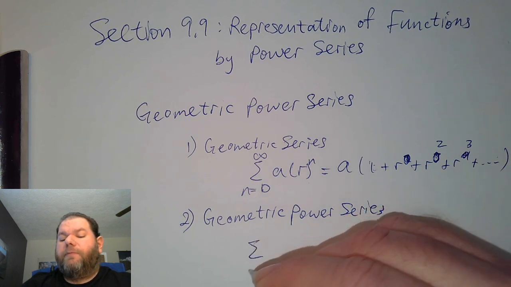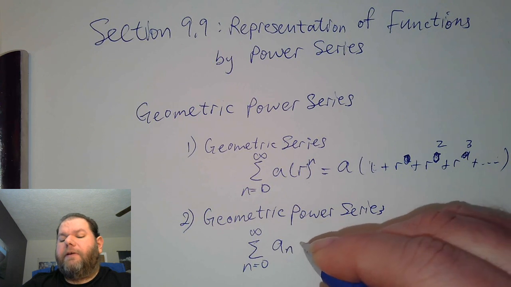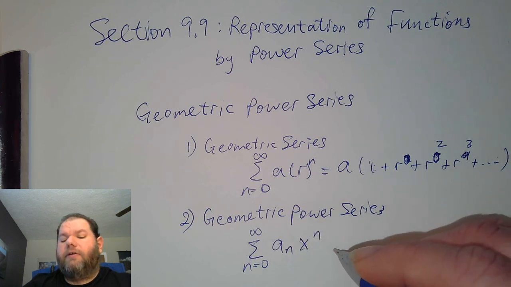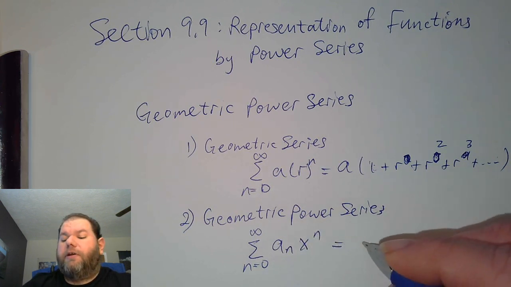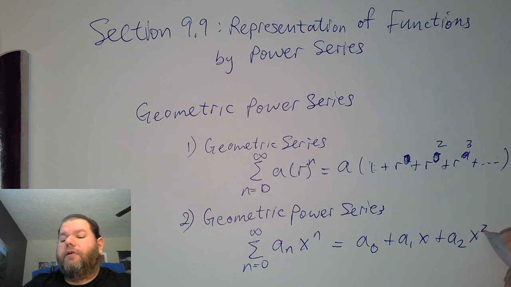So our format will be the sum from n equals 0 to infinity of a sub n x to the n, which will be a0 plus a1x plus a2x squared plus a3x cubed, and so on.